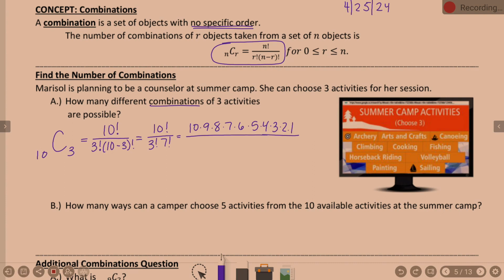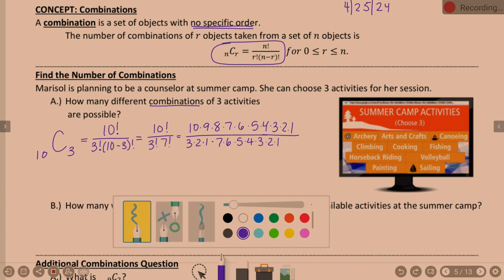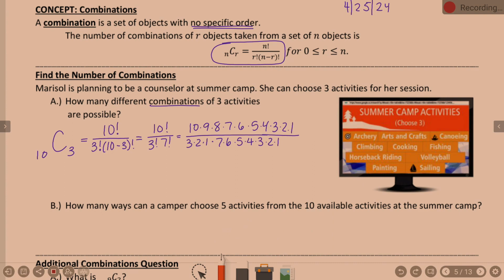What is the denominator? 3 factorial means 3 times 2 times 1. 7 factorial means 7, 6, 5, 4, 3, 2, 1. Now, tricks from yesterday. Do you remember them? Okay. We can cancel right off the bat: 7, 6, 5, 4, 3, 2, 1, 7 through 1, top and bottom. Now, you can stop at this point and you can put the numbers into your calculator.